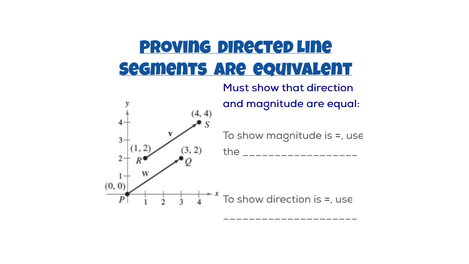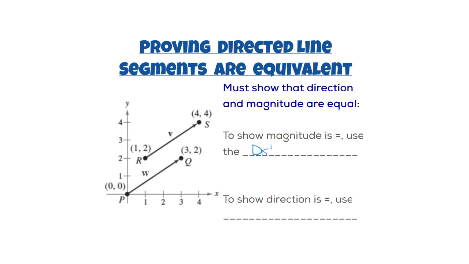I'm going to go ahead and graph these two vectors on a coordinate plane, and I'm telling you your point coordinates. If I wanted to show you that the magnitude for these two vectors is the same, remember magnitude is the length, how would I show that these two are the same length? Why, yes, we would use the distance formula.